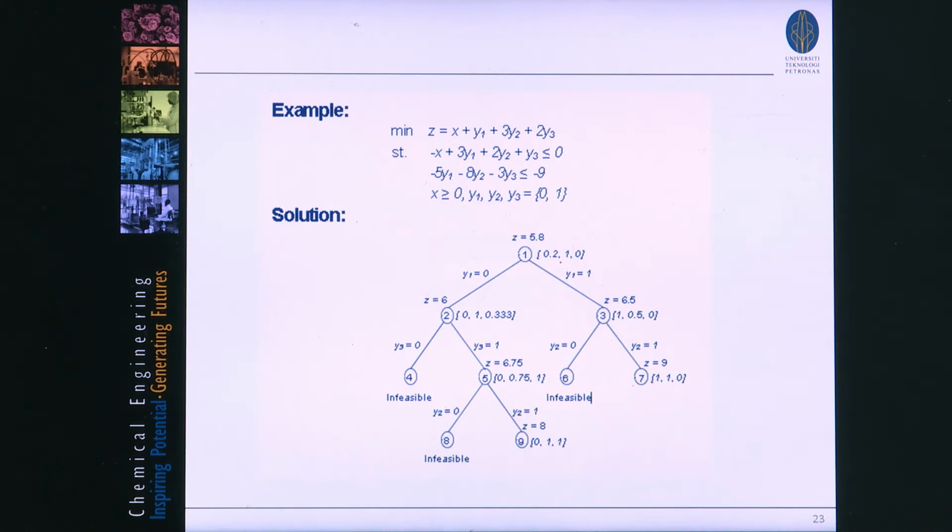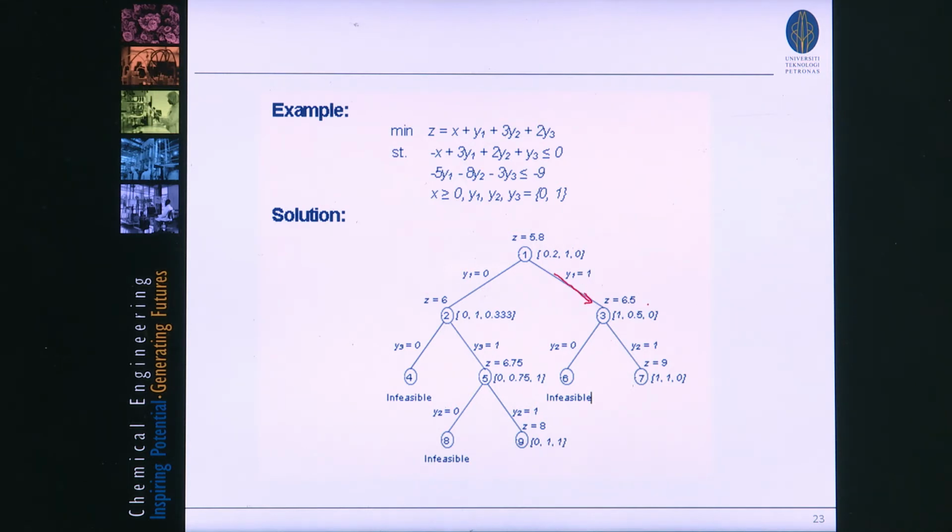In this case we have y1, y2 and y3. So y1 is 0.2, y2 is 1, and y3 is 0. So y1 we have to split either 0 or 1 in this case. So split it to 0 over here, 1 over there.